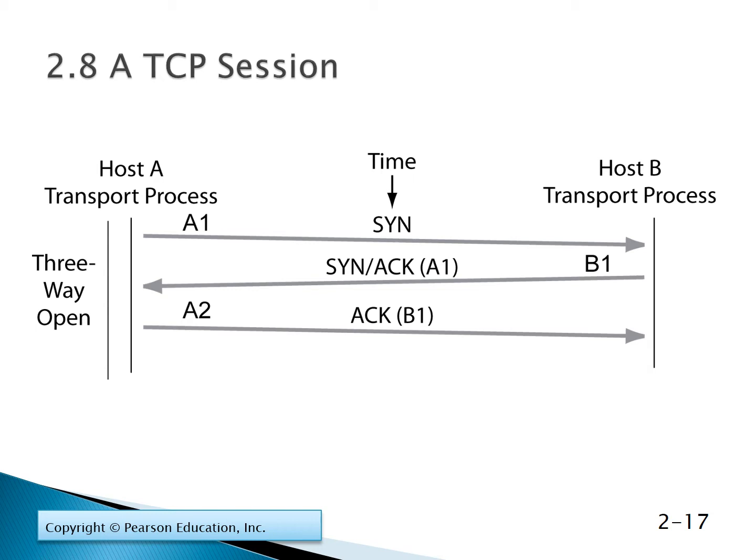Then B will respond with a message which is an acknowledgement of the same message. The acknowledgement is basically just saying, I received your message. And then A will have to send another message, which is the acknowledgement of the acknowledgement. I acknowledge that I have received your acknowledgement. So I have to send another message to B. This is what we call a three-way open in a TCP session.